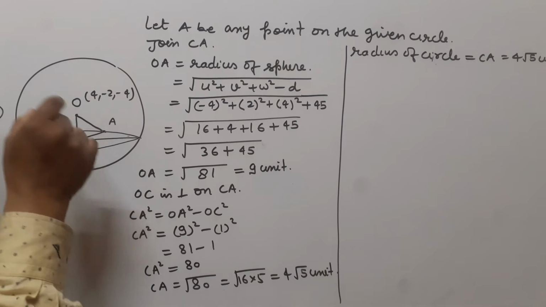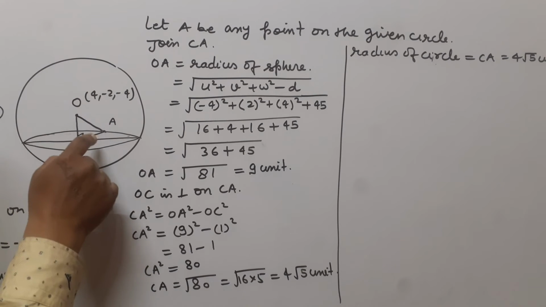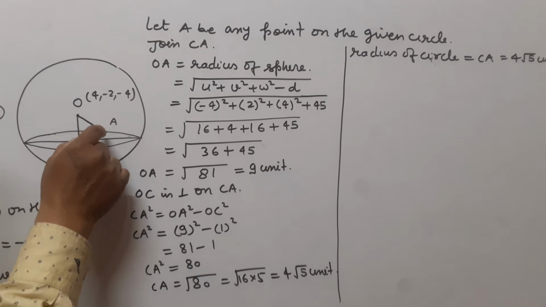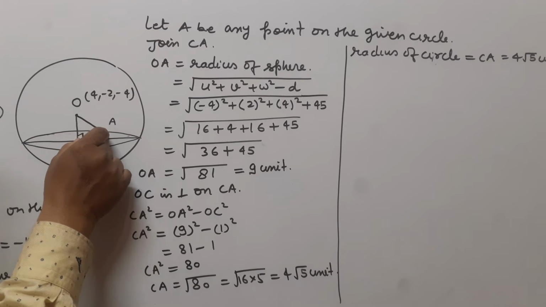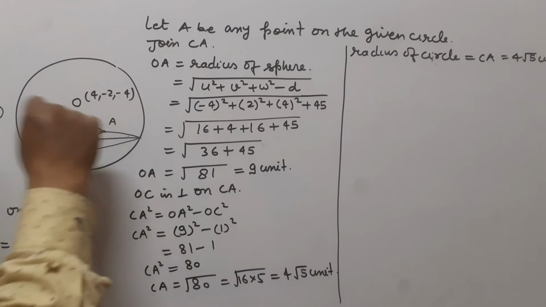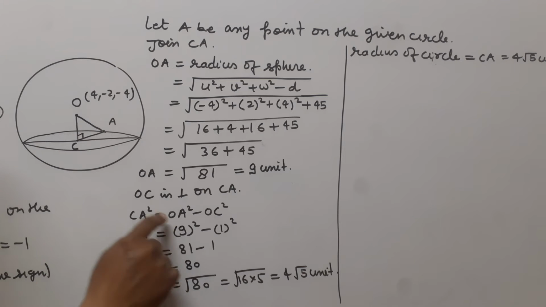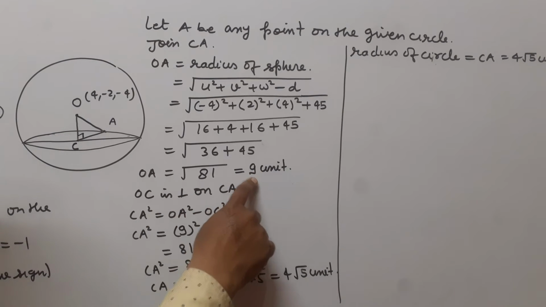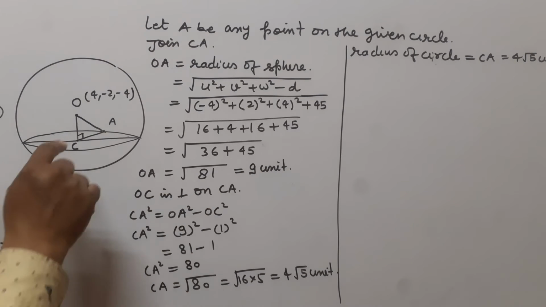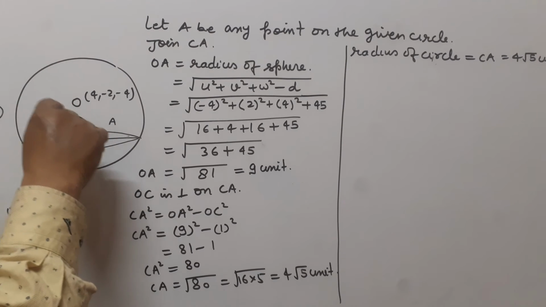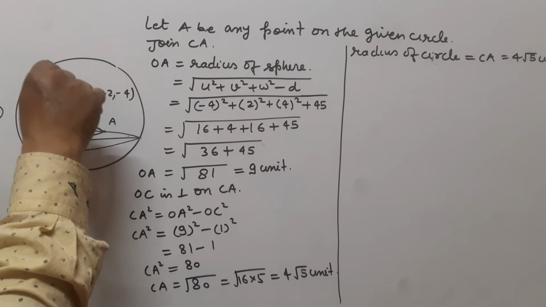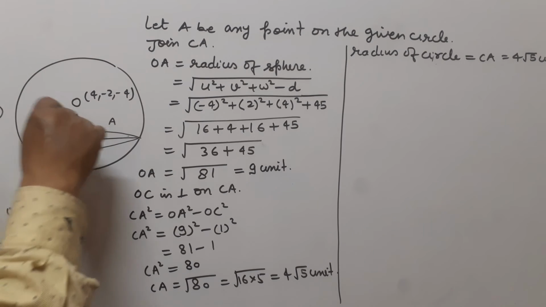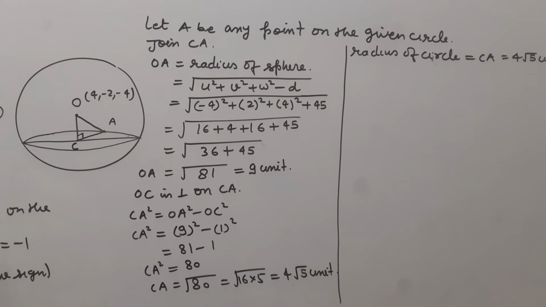So for this CA, using the Pythagoras theorem in this right angle triangle, we find CA square can be written as OA square minus OC square, and OA is equal to 9 here. So 9 square is 81, and OC is the length of the perpendicular drawn from the center of the sphere on the given plane. So OC we already calculated, that is 1.